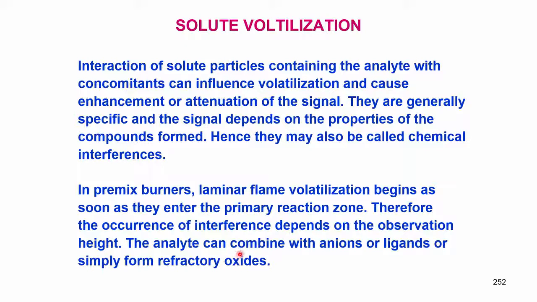So, the metal atom can combine with anions, chloride, bromide, sulphate, phosphate, carbonate, etc., or ligands like EDTA, NTA and other NH molecules. These are called ligands, or they may simply form refractory oxides, that is vanadium pentoxide, tungsten oxide, chromium oxide, like that.